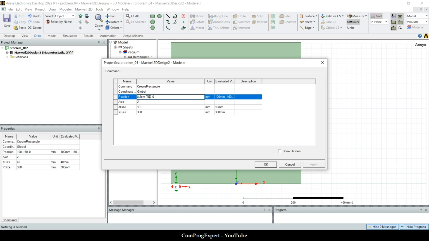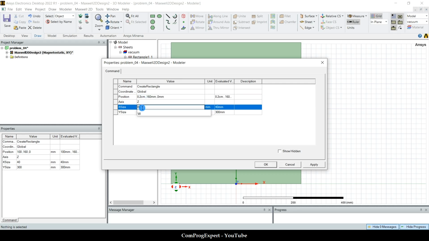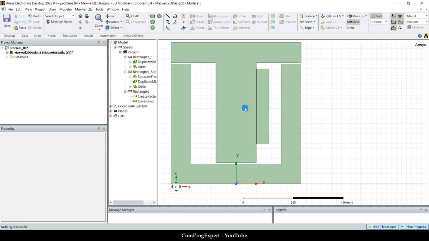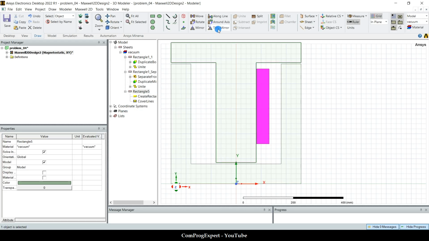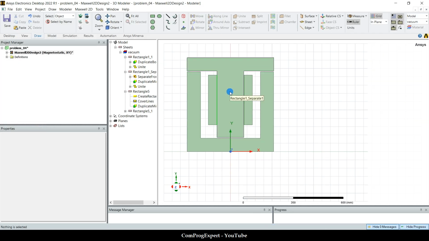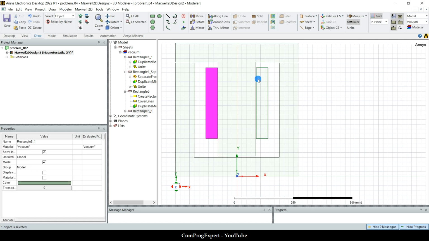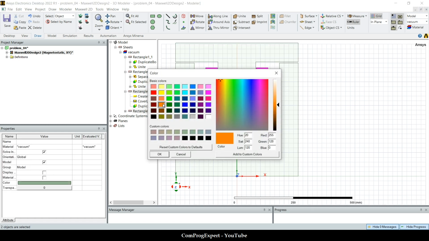For the x size, the y size is again the same. This is equal to w divided by 2, and the same. This coil, then we can duplicate and mirror it with respect to the x-axis. So select these two objects.